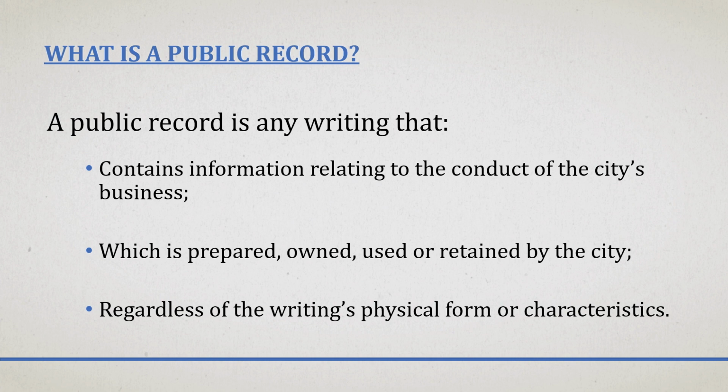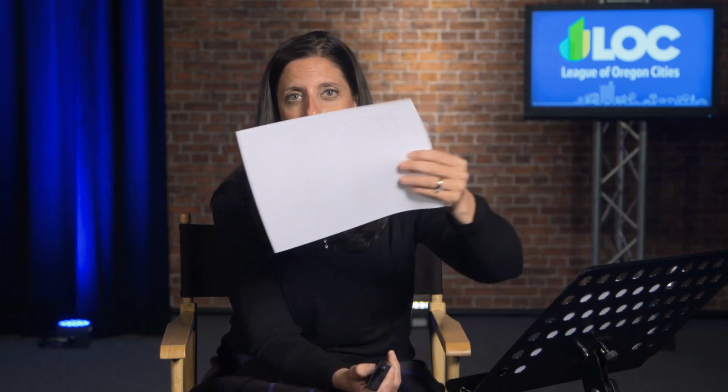The reason is that the writing's physical form or characteristic means that emails are public records, text messages are public records, and in certain instances, social media accounts can be public records. Audio recordings are public records. It's not just a piece of paper anymore. It can literally be anything that we create or produce information on. And that's key because it could impact what you do.